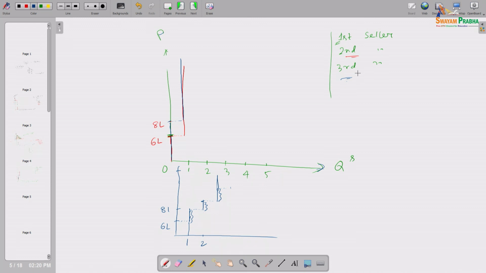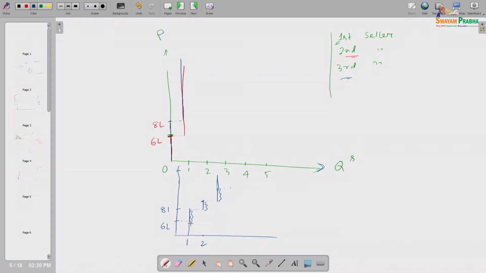So this goes until 8 lakh, because 8 lakh is the second lowest seller's willingness to accept, lowest in the sense of lowest cost. Then there is a gap, then this will go up to the third, suppose this is 9 lakh. So these gaps depend on the gap between the sellers; suppose this is the fourth seller, at 15 lakh.